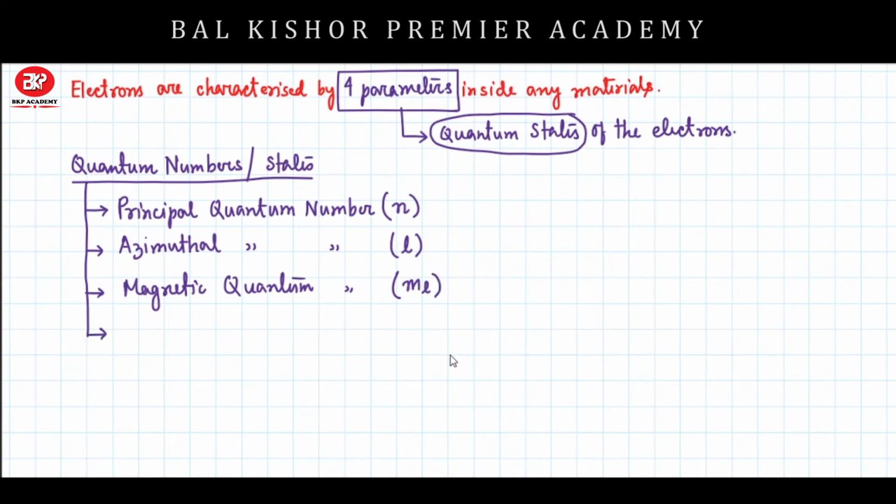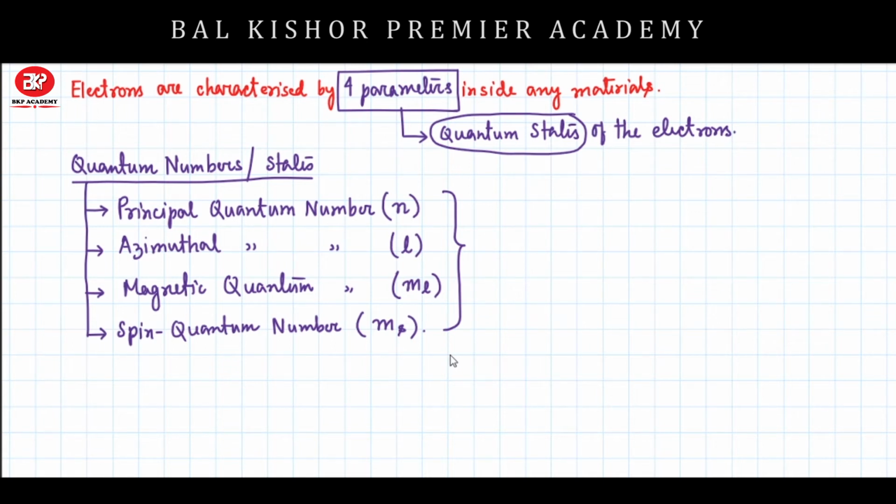The last quantum number is the spin quantum number, denoted by m suffix s. So these are the four parameters by which we can distinguish each and every electron.